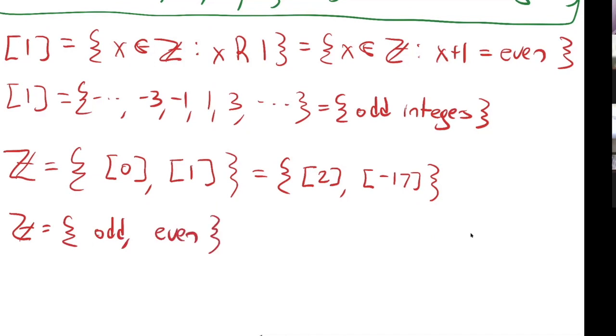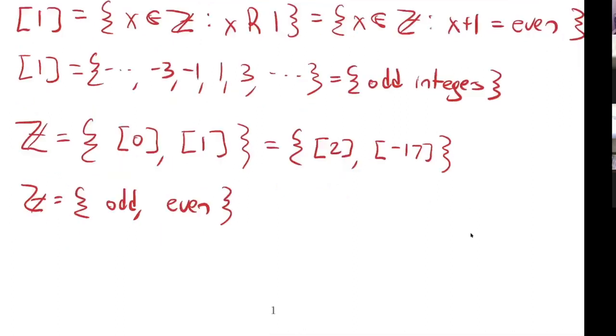So in other words, this equivalence relation creates a partition. We split the integers into the set of all odd stuff and the set of all even stuff. But one really important thing to keep in mind: equivalence classes are pretty abstract things, and this is probably the first time you're coming into contact with them.